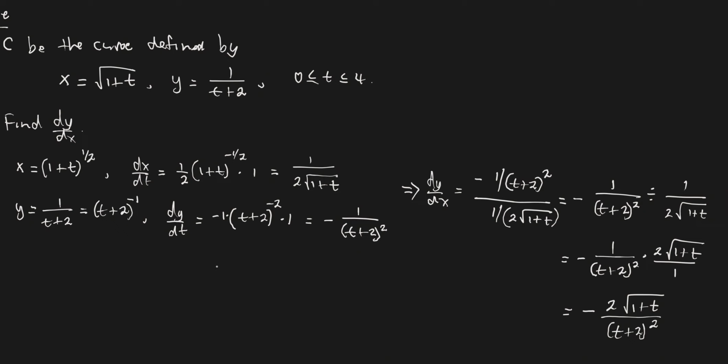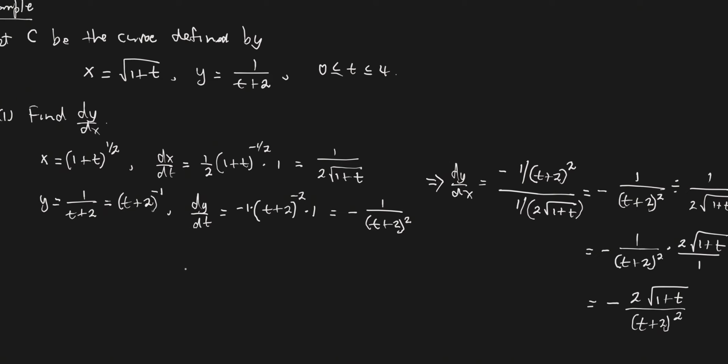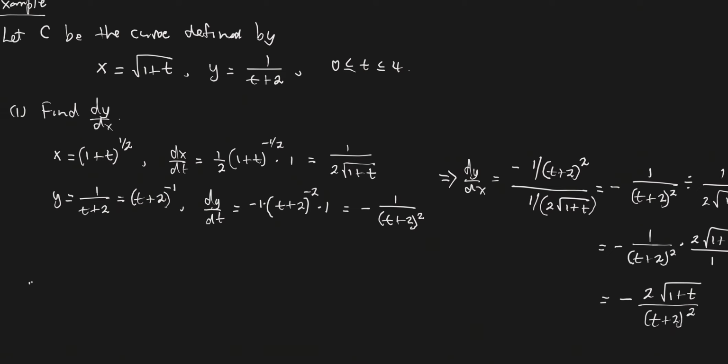All right. So then, what could we use this for? Now that we have our derivative, what could part 2 of this example be? Well, we can find the slope at any particular point, right? So let's find dy/dx evaluated at t equals 3.